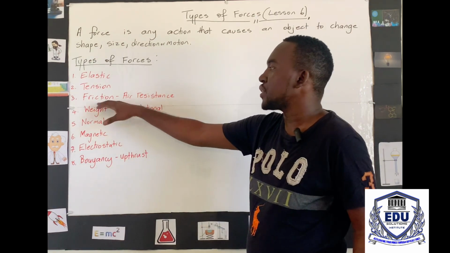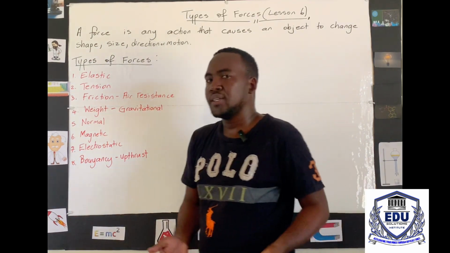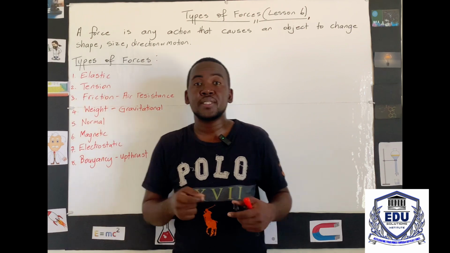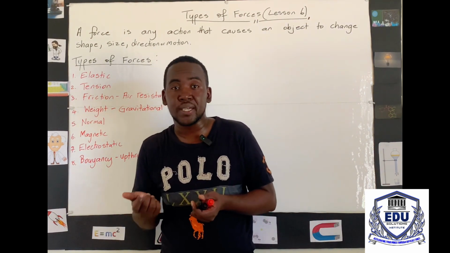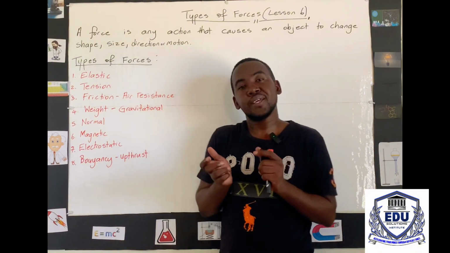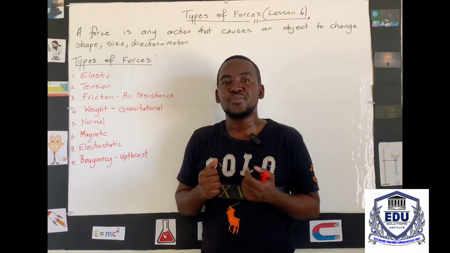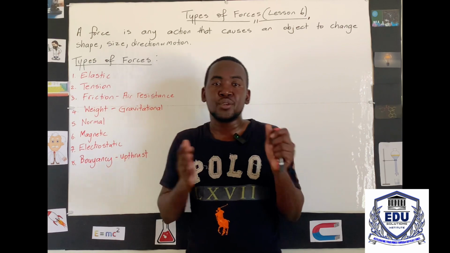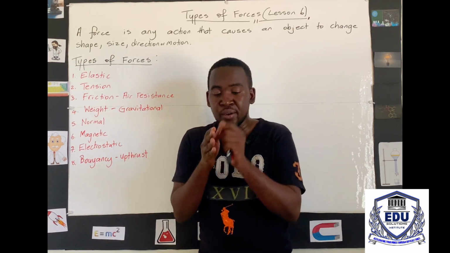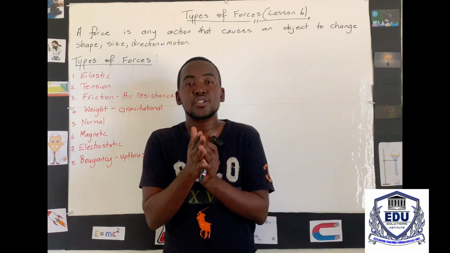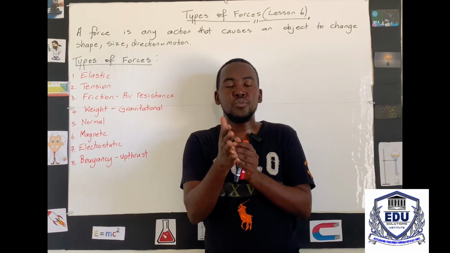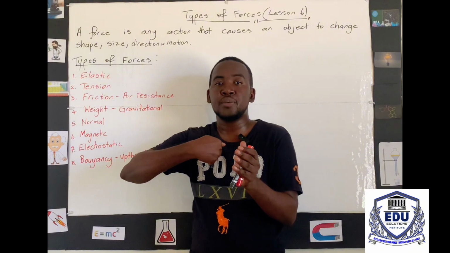Next is called frictional force. Now this one is very simple. Frictional force is called an opposing force. It opposes the motion of objects, but the only way it can be created is when two things are rubbing. So if you rub your hands together, when you rub your hands forward, that means your frictional force is opposing that forward motion, so your frictional force is coming back.